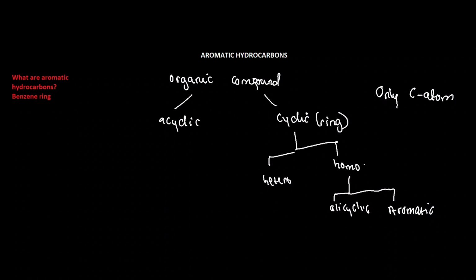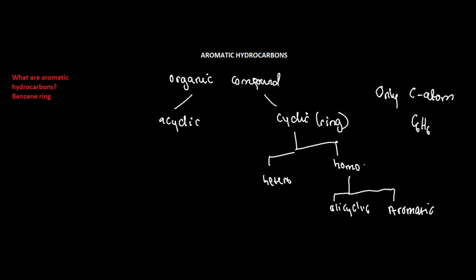The simplest member of this group is benzene, and it has the formula C6H6. Also, something to take note of is that from their name they are called aromatic. Aromatic hydrocarbons usually have an aroma, they have a scent. So this is where the name originates from.